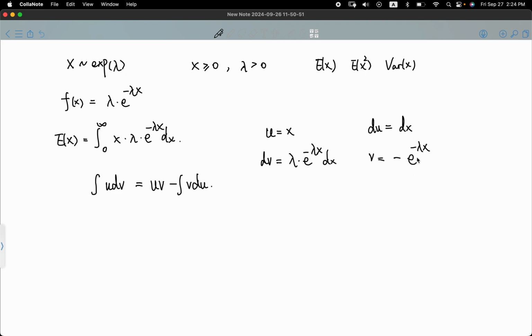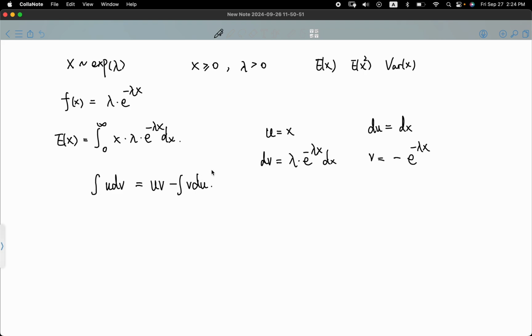You can verify by taking a derivative with respect to x: the negative sign cancels out, so it's positive, you have one copy of coefficient lambda in front, and this term stays the same. So these four terms can be specified in this way.